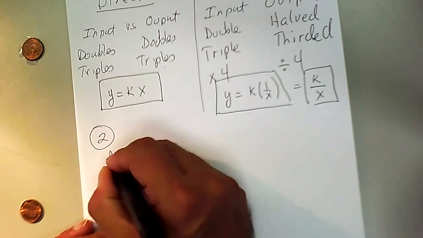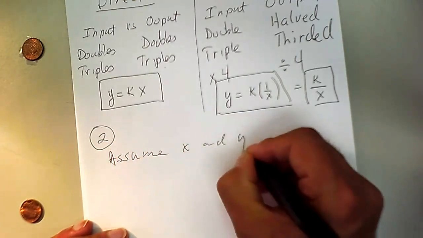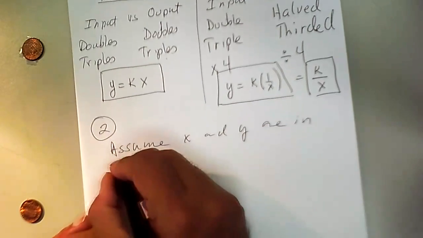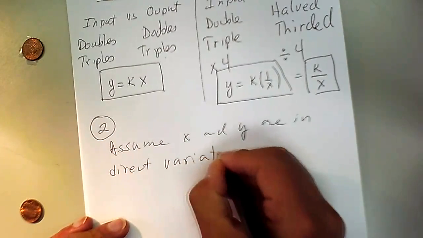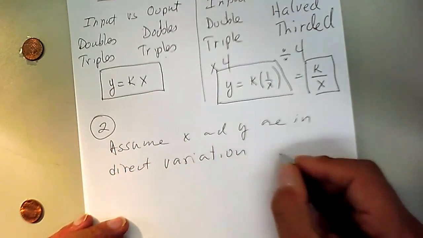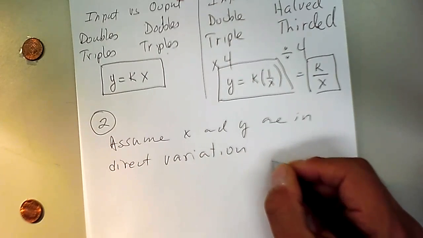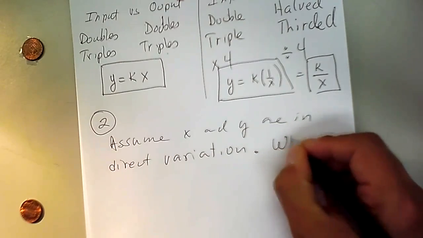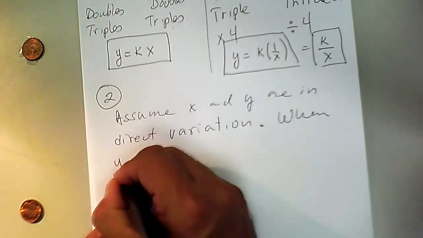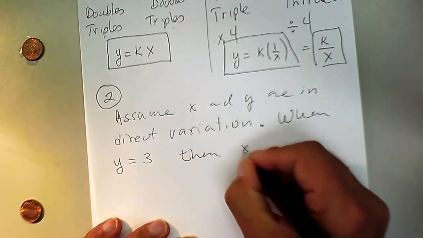So assume x and y are in direct variation, or they vary directly, as another way to say it. When y equals 3, then x equals 5.